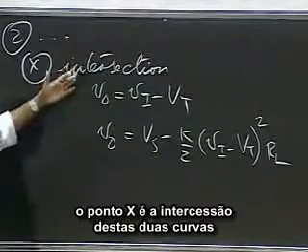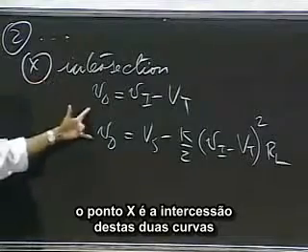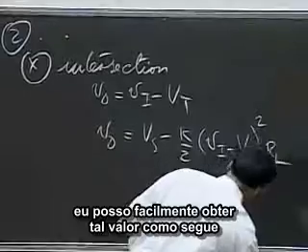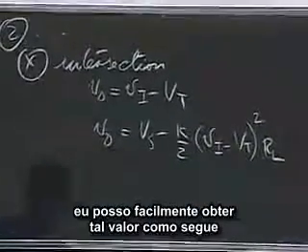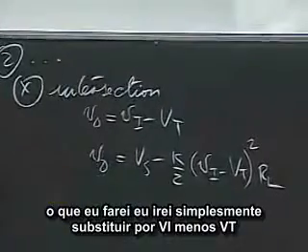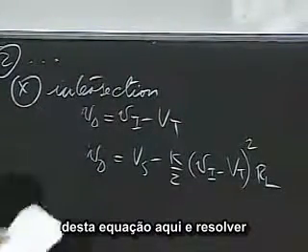So the point X is at the intersection of these curves, and I can very easily get that as follows. I'll simply substitute for VI minus VT from this equation here and then solve for it.